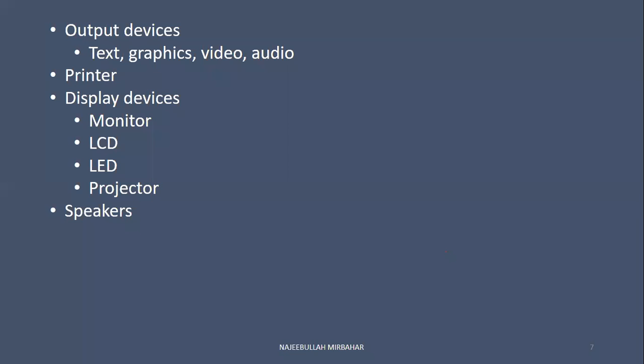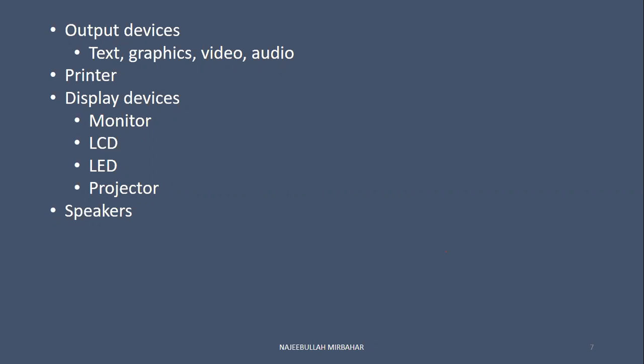Okay, output devices are devices that convey a message, convey the information, because we know information is conveyed through four types: text, graphics, video, and audio. These output devices convey the information in these four types.